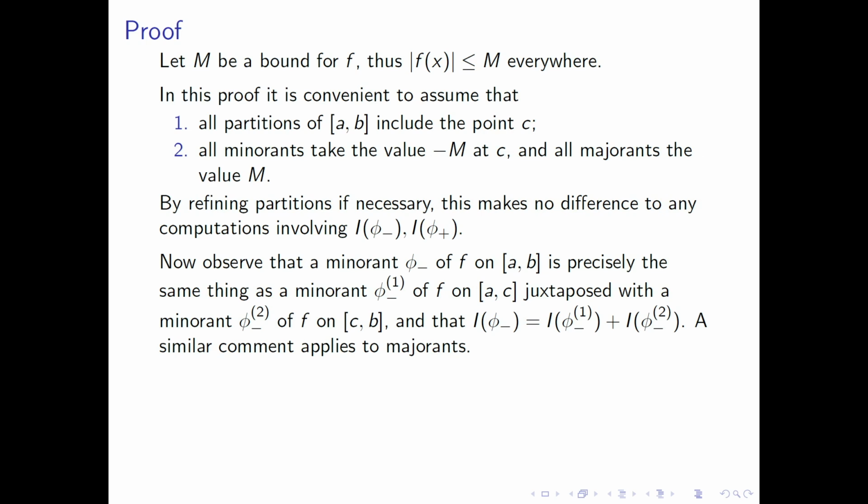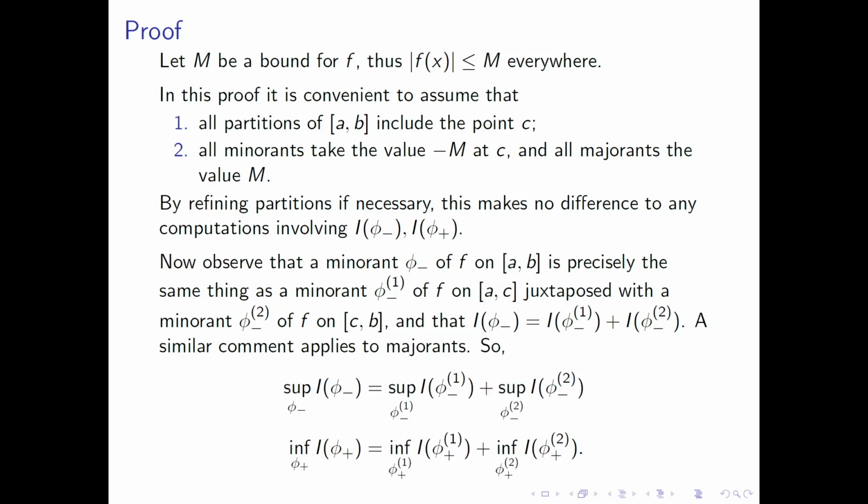So minorants for f on the big interval are just the juxtaposition of minorants for f on the two subintervals. And moreover, if we call those minorants on the two subintervals phi minus 1 and phi minus 2, then the integral of phi minus is just the sum of the integrals of phi minus 1 and phi minus 2.